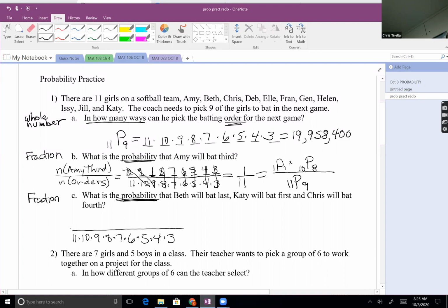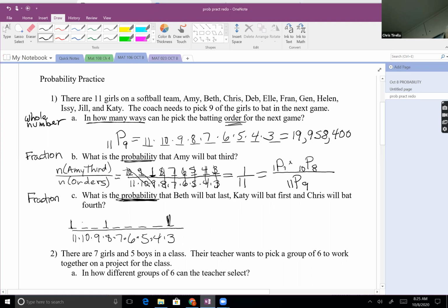And so I've got my 9 spots, 1, 2, 3, 4, 5, 6, 7, 8, 9. Beth is last. There's one Beth for that last place. Katie's first. There's one Katie for that first place. And Chris is fourth. There's one Chris for that fourth place. I've used up 3 of my team.